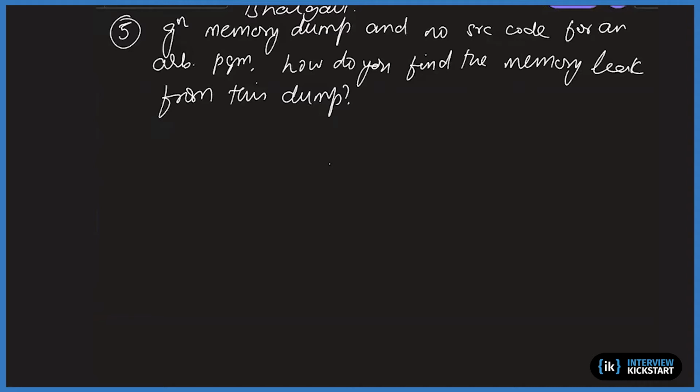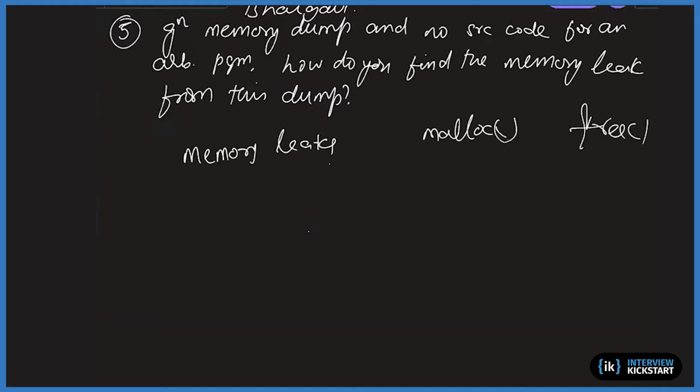Right. Okay. So you're talking about memory leaks, right? The two APIs that you use are malloc and free. There could be a memory leak for many reasons.